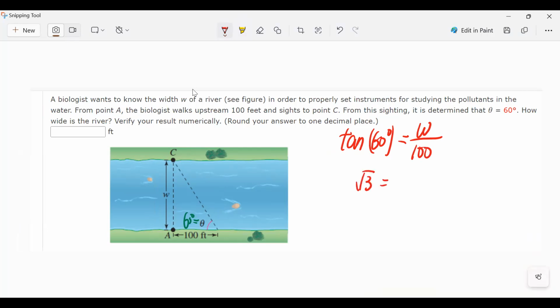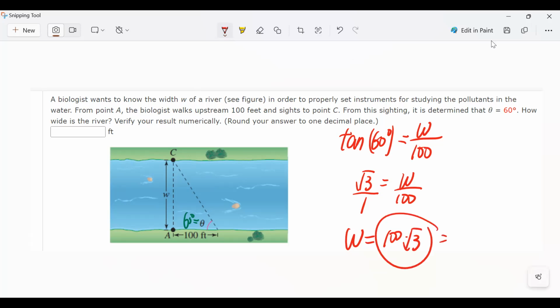Radical 3 equals W over 100. Make a proportion: W times 1 is W, 100 times radical 3. And this is the answer. Radical 3 is 1.732, so 100 times 1.732.